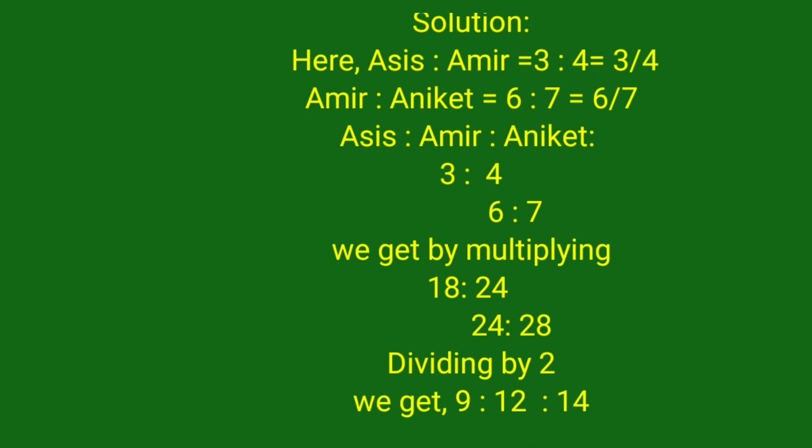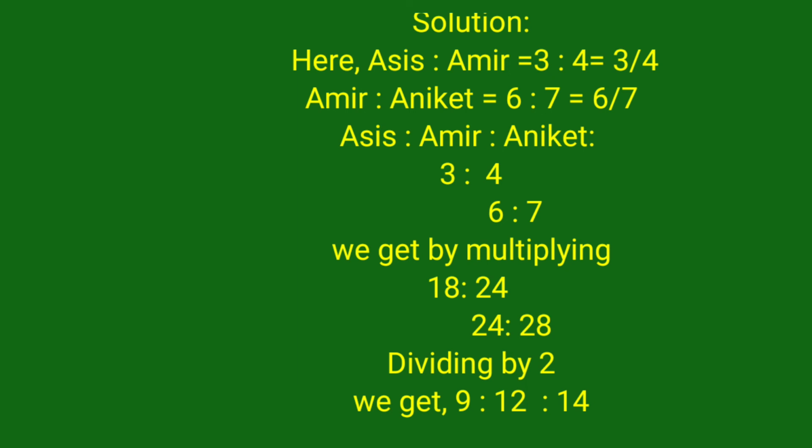So we get by multiplying: 6 3s are 18, 6 4s are 24, again 4 7s are 28. So 24 is common on both sides. Dividing by 2, we get 9:12:14.